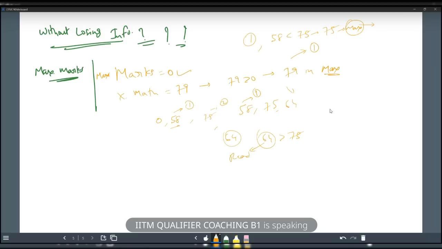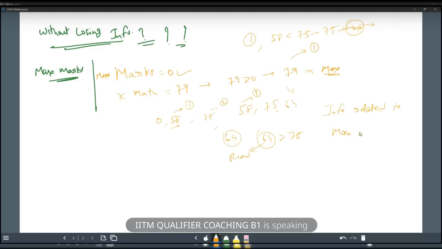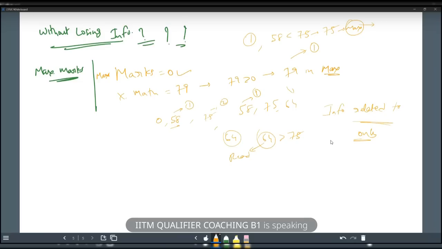We need to store the information related to max only. Okay, am I clear? You need to store the information only when there is an update of the variable max.